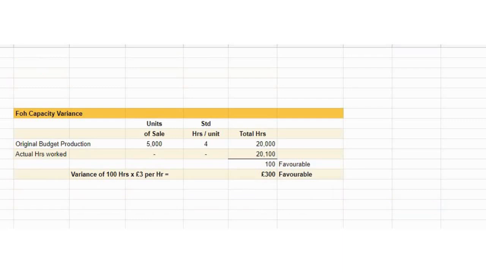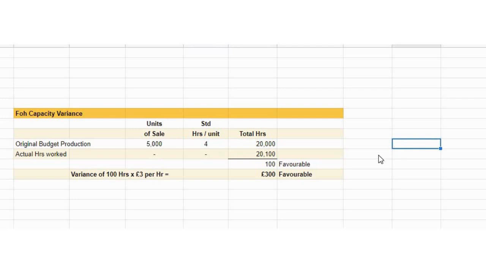The second variance to analyse the fixed overhead volume variance is the fixed overhead capacity variance. In some ways it's tempting to overthink this, but essentially this variance measures whether more or fewer hours were actually worked than were budgeted in the original budget. The original budget production was 5,000 units at 4 hours per unit, giving a total budgeted number of hours of 20,000, and they are labour hours.